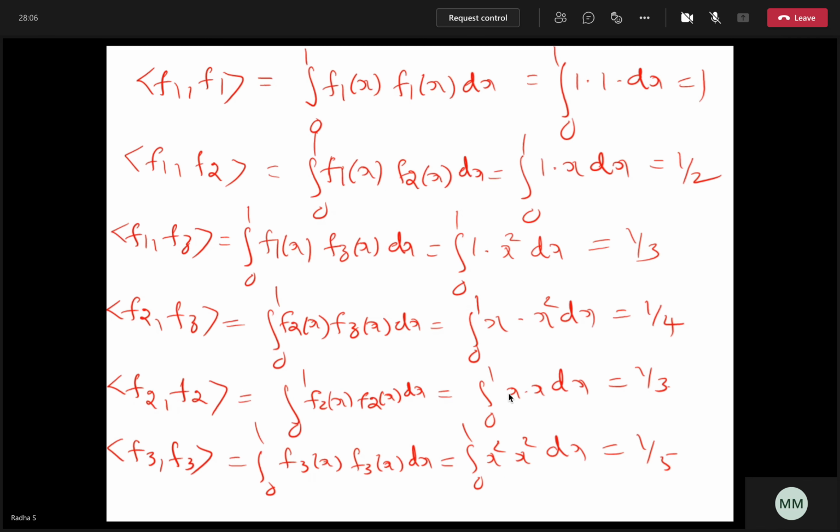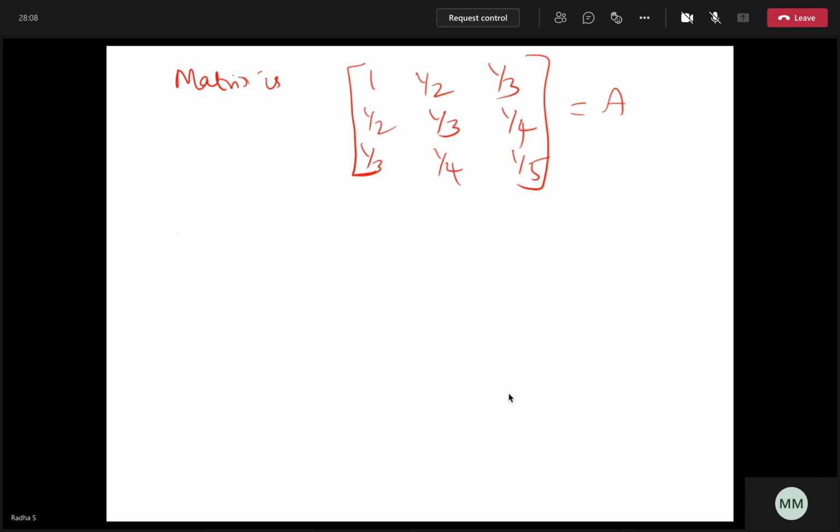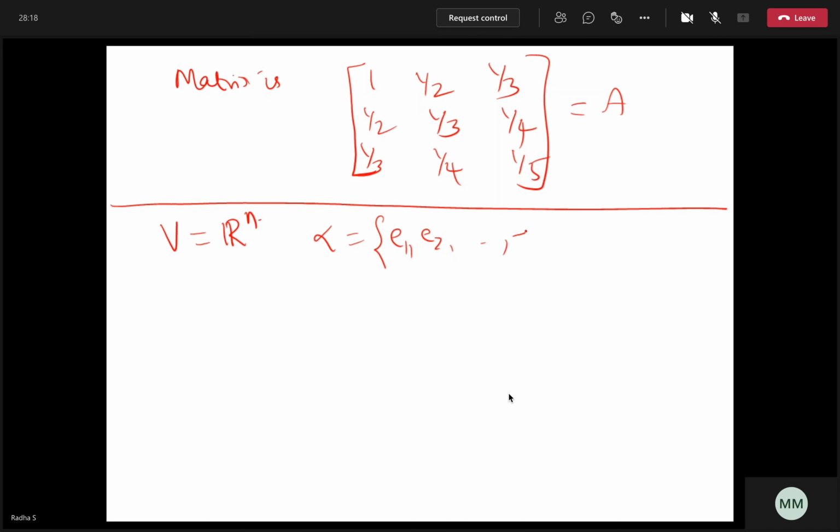Wait 1 minute. I'll show you how. So here V is R power n. Let me take alpha as E1, E2, etc., En. So what is E1, E2, etc., En? Standard basis. What is the standard basis for R power n?